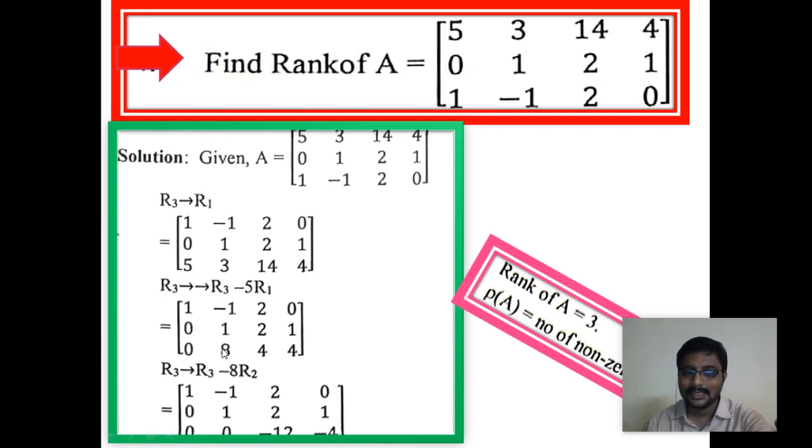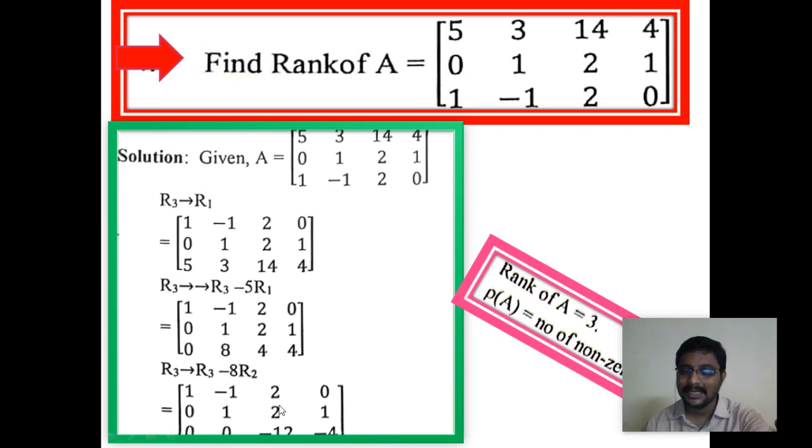Now to make this element 8 as 0, just apply R3 goes to R3 minus 8R2, that is, using the second row to make this element 0. Now clearly observe that the elements below the principal diagonal are zeros here.